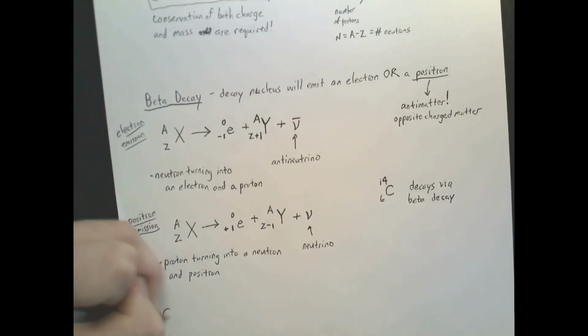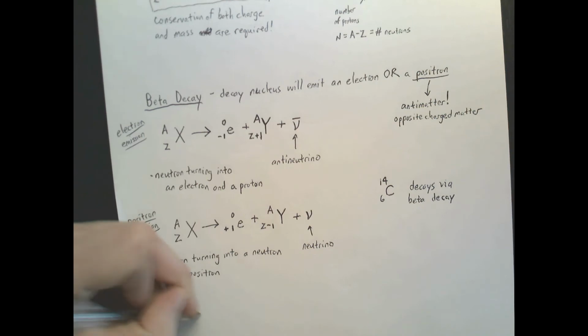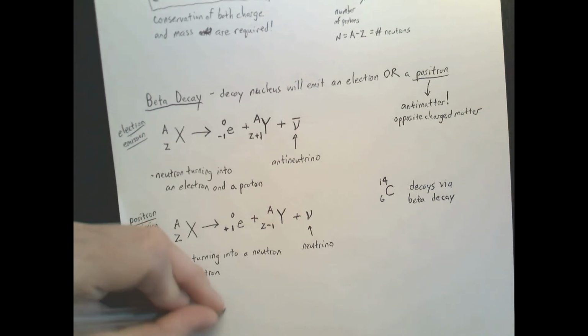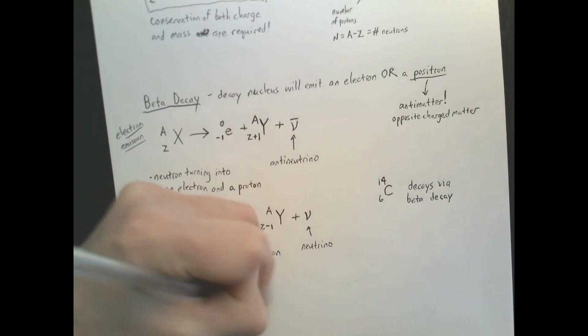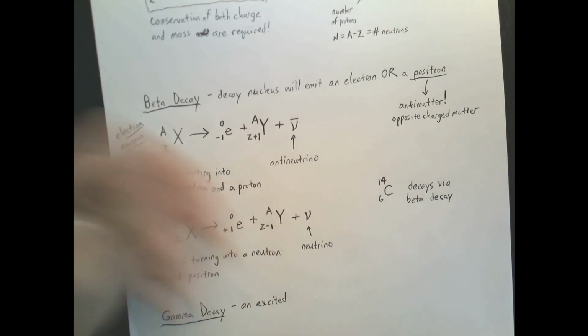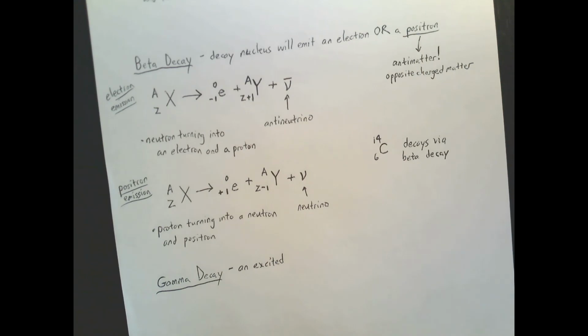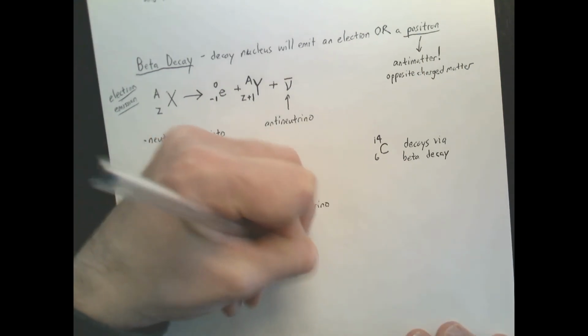The last kind of decay here is gamma decay, which is an excited nucleus. So you can excite the nucleus just in the same way that you can excite electrons to higher states.